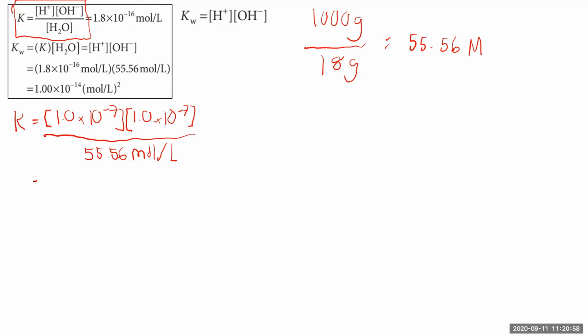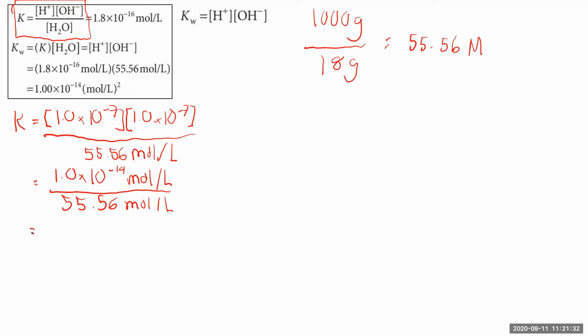Now we multiply the concentration of hydroxide ions by the hydrogen ions. So we will get the product of 1.0 times 10 raised to the power of negative 14 moles per liter, divided by 55.56 moles per liter, which is the concentration of water.